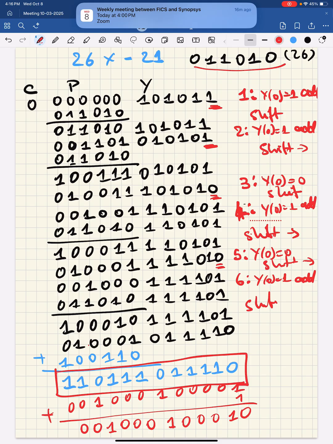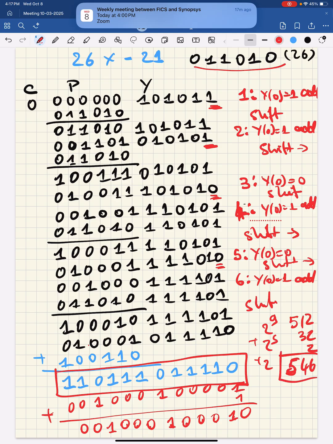That's 1, 2, 3, 4, 5, 6, 7, 8, 9. So 2 to the 9, plus 2 to the 5, plus 2. So 2 to the 9 is 512. 2 to the 5 is 32, and then 2 is 2. So that gives us here the 6, 1 plus that's 4, and 5.